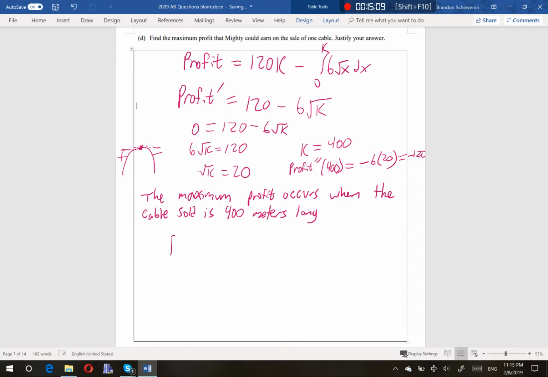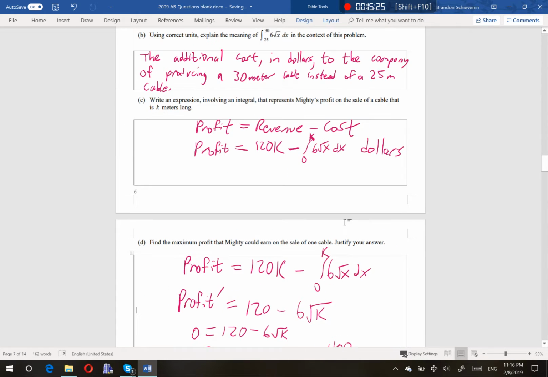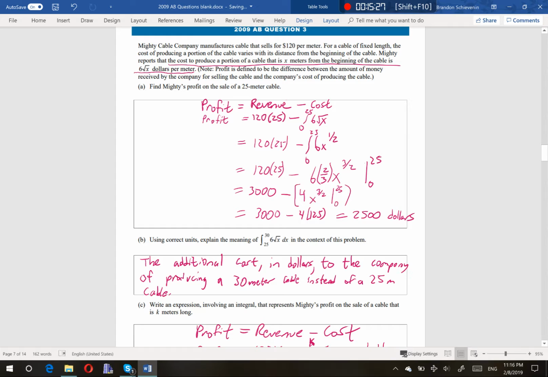So we'll find our profit when k is 400. It's 120 times 400 minus the integral from 0 to 400 of 6 root x dx. We've already integrated this part once for part A. When I integrated, I got 6 times 2/3, which was 4 times x to the 3/2 power.